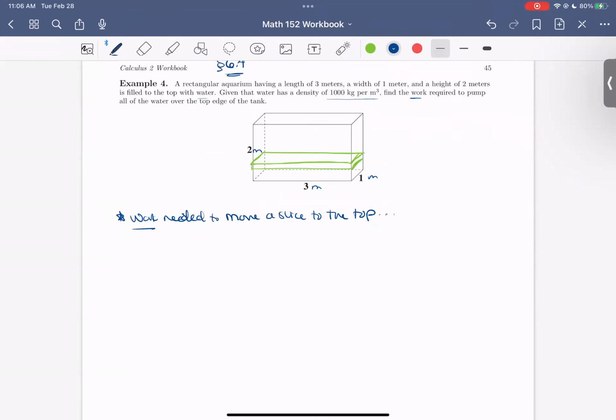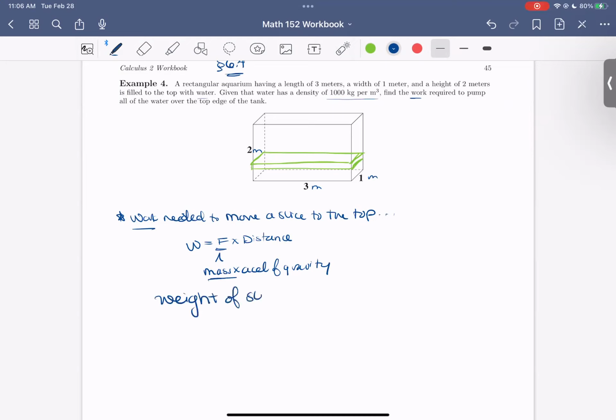And as we saw, work is equal to force times distance. And force is a weight. Don't want to use W again, but force we compute as the weight, which is the mass times acceleration due to gravity. Okay, so let's first focus then on that weight of a slice.